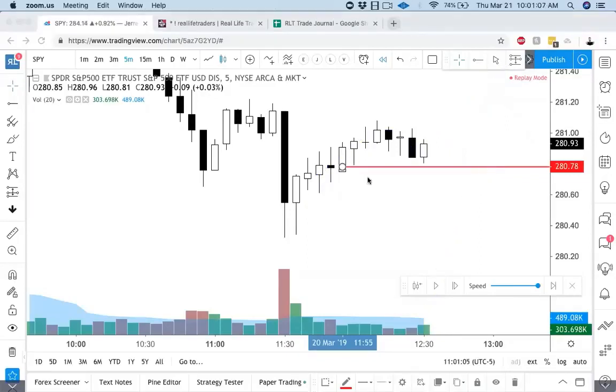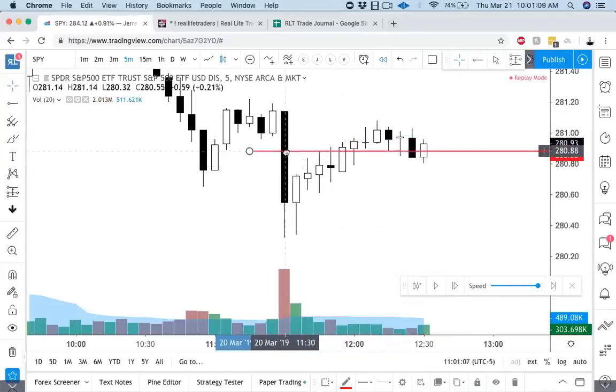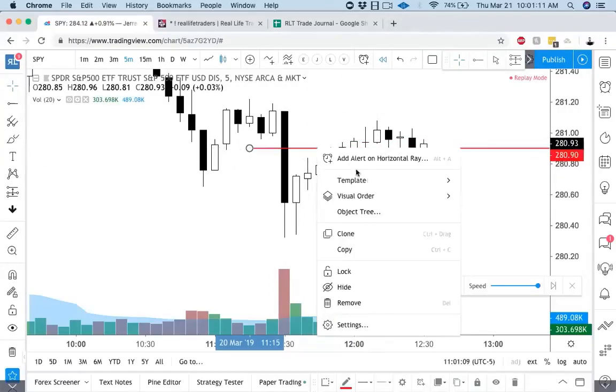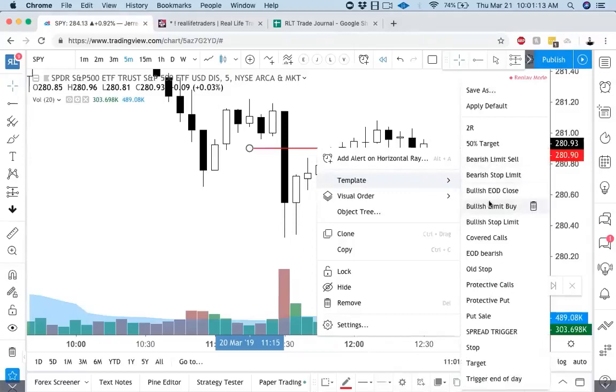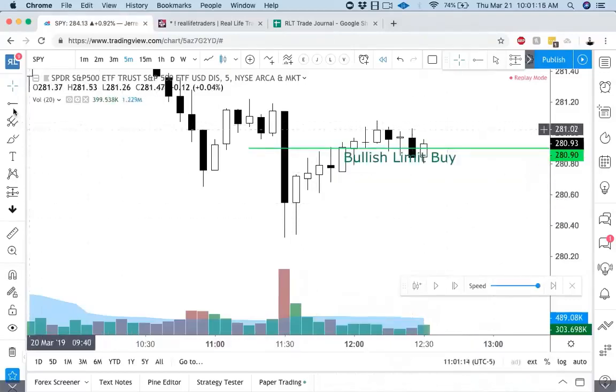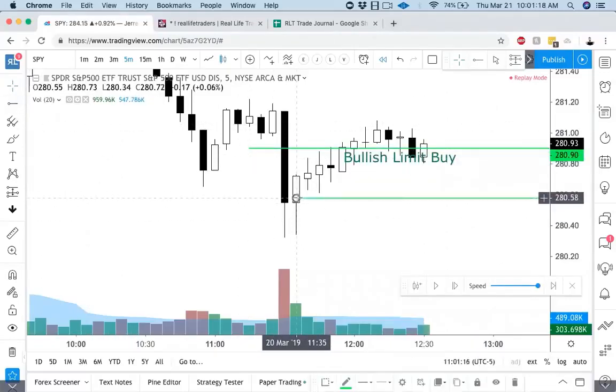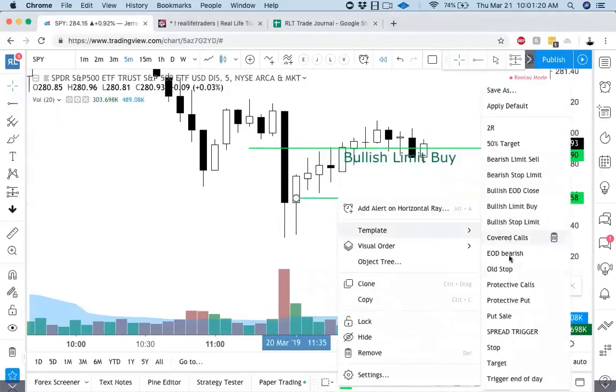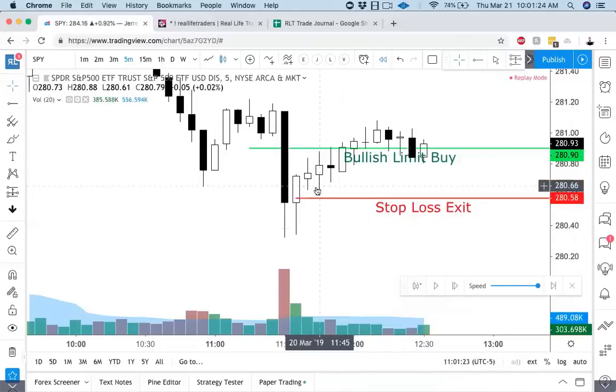So at this particular point in time, what you could do most likely is set up a limit buy halfway into this candle, saying, okay, I'll buy it at 280.90, and you set your stop below here at whatever this is, 280.58, which is below the lows of all these candles.